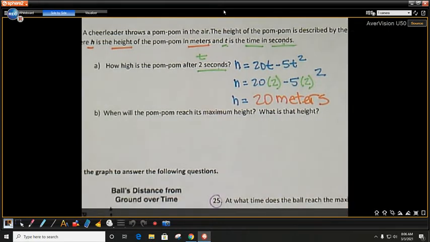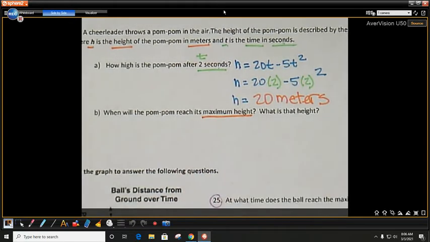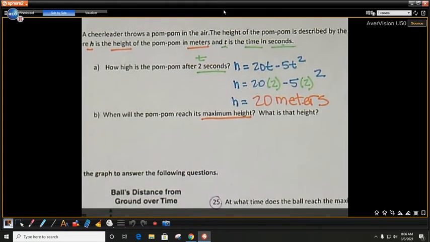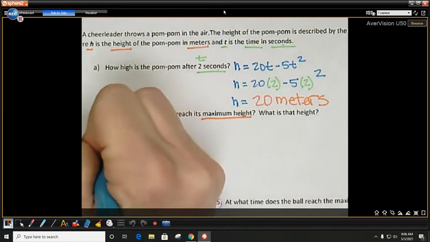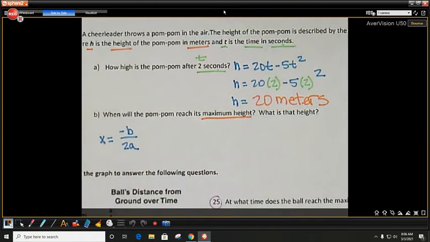Okay, the next one says, what is the maximum height? Remember, our maximum happens at the vertex, okay? So I'm going to have to use that x equals negative b over 2a formula.